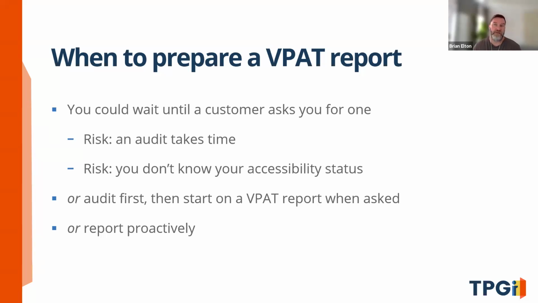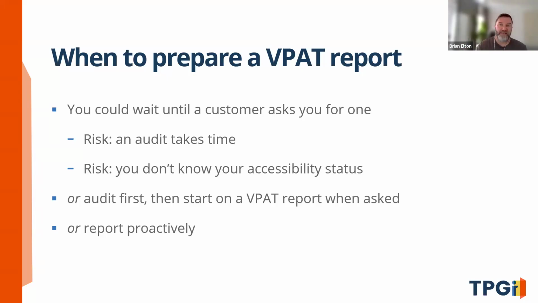And you may not know at that moment what your accessibility status is. You could be saying to somebody, oh yeah, we're accessible, let me just get an audit done and I'll show you. And then you realize, oh no, I've got a lot of work to do. So I don't recommend you wait until a customer asks you for one.